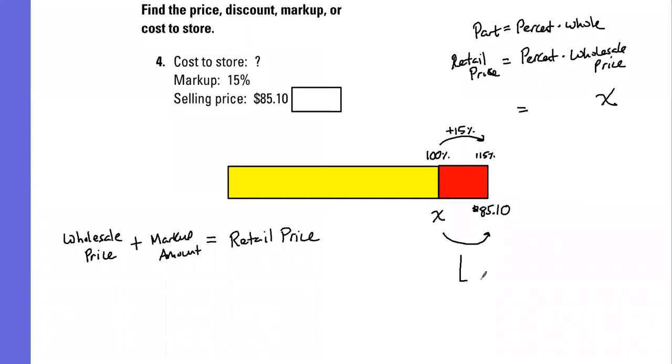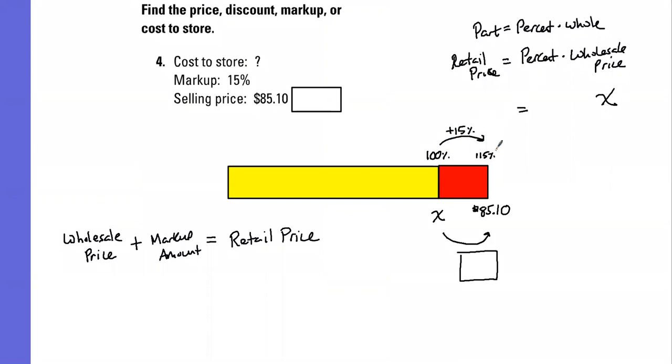And that's a problem because now I have an equation with two unknowns. And actually over here, this wouldn't be your retail price, but this would be your markup amount if you're just using this 15% right here.